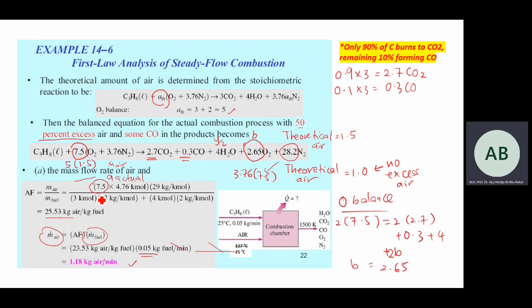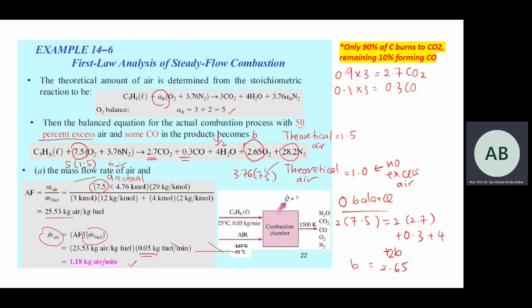Plug in all the info that we get and you will get the AF ratio. The actual air we have calculated earlier in the previous class. From here we obtain the AF value. Now plug it into the equation to get m dot F. So this is the answer to m dot F.